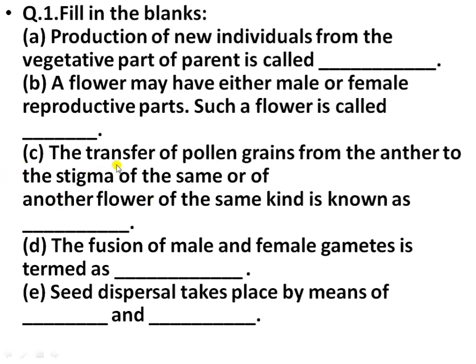Third: the transfer of pollen grains from anther to the stigma of the same or another flower of the same kind is known as pollination. Next: the fusion of the male and female gamete is termed fertilization. Last: seed dispersal takes place by means of water and wind.